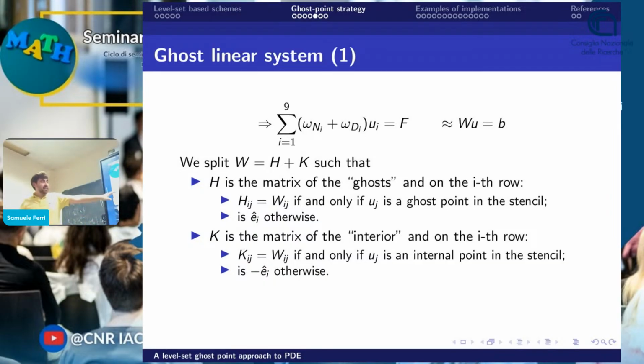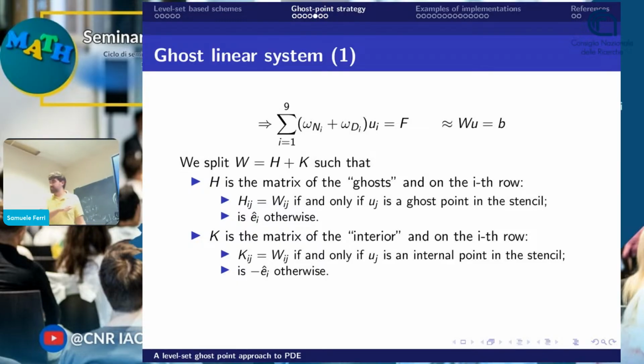So, the matrix H is the matrix of the ghost points. So, on the ith row, we have the value Wij if and only if the node uj is a ghost point in the stencil we are using. Otherwise, it is the standard vector of all 0 except 1 in the position i.